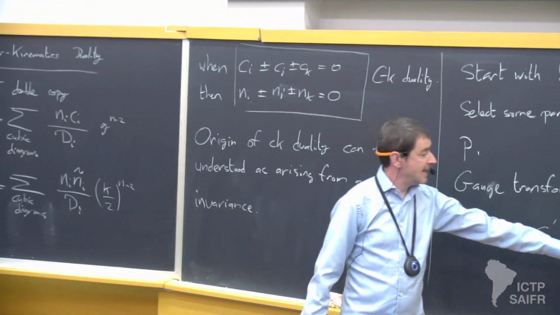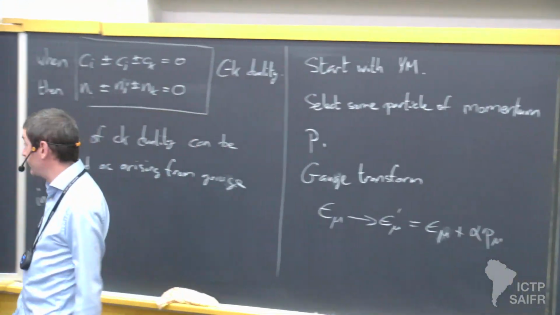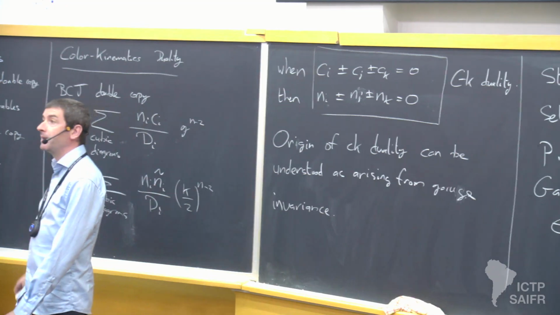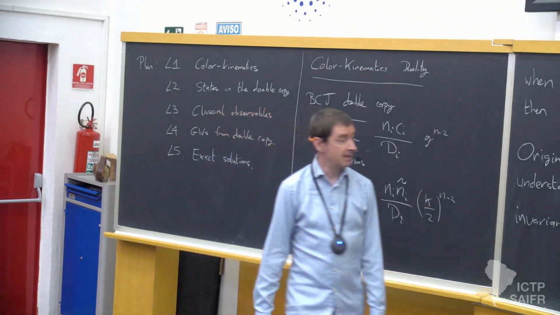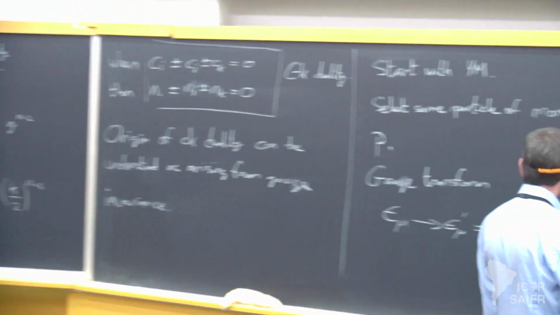Okay, so this is a gauge transformation of the polarization vector, and certainly if I perform that gauge transformation, the amplitude in Yang-Mills theory is going to be unchanged. That's the Ward identity, if you want.